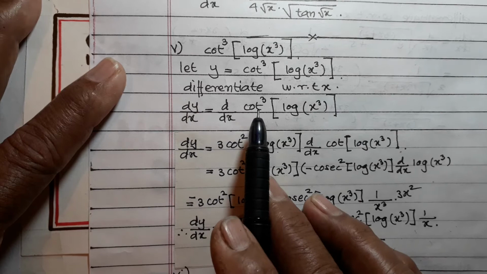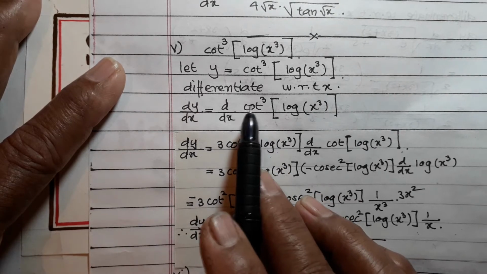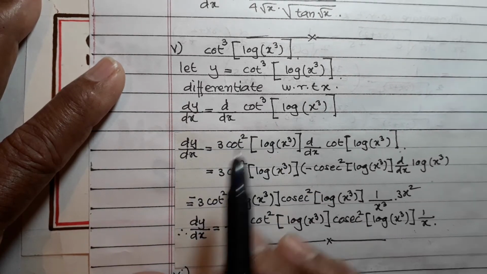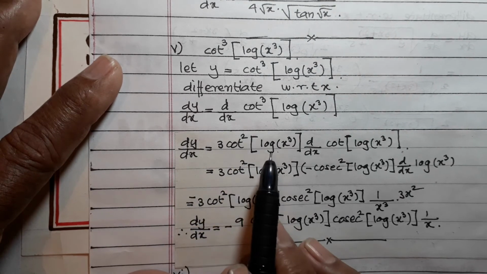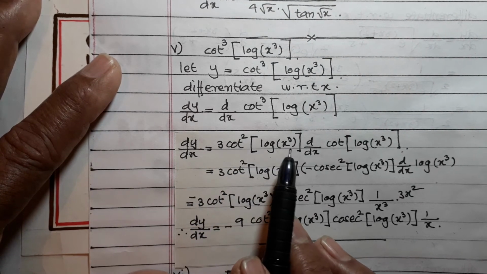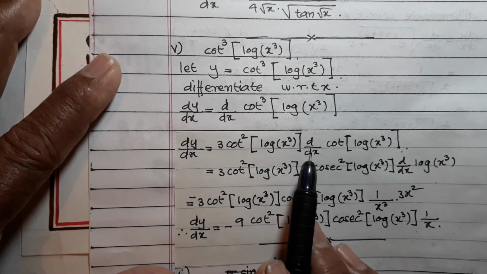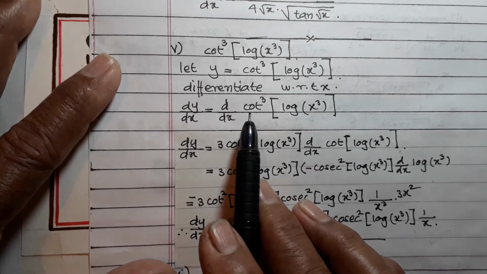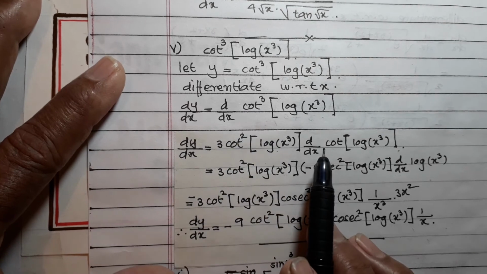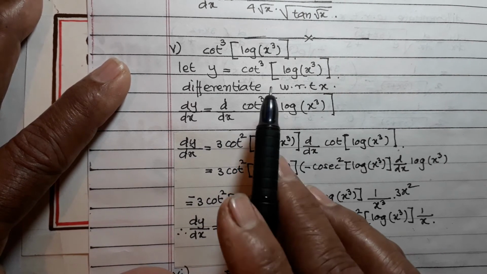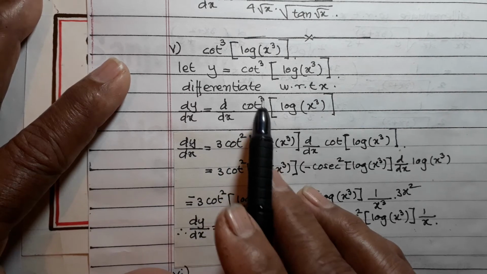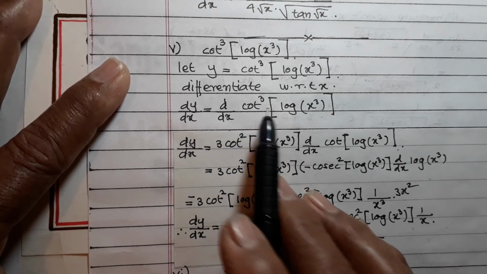So first you differentiate cot cube, this cube. So dy/dx is equal to 3 cot square log x cube and derivative of cot. Okay. So derivative of this is what, important step. First you differentiate cot cube and then you differentiate cot.